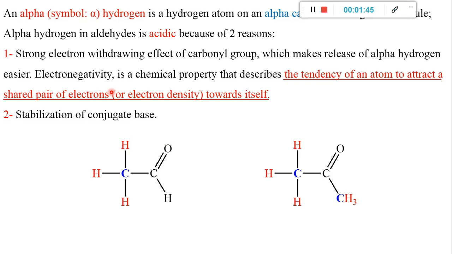Electronegativity means the tendency of an atom to attract the shared pair of electrons or the electron density from other atoms to itself. The second reason is the stabilization of the conjugate base, which is clear in this slide.